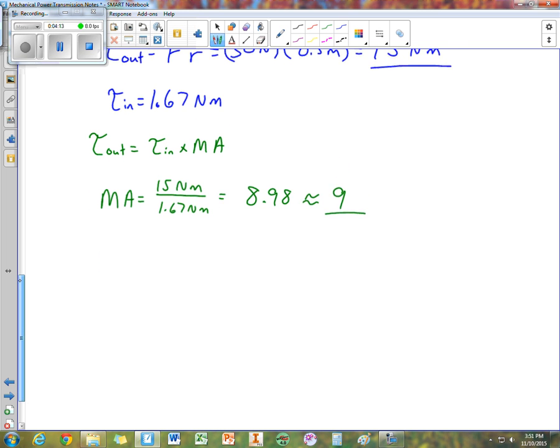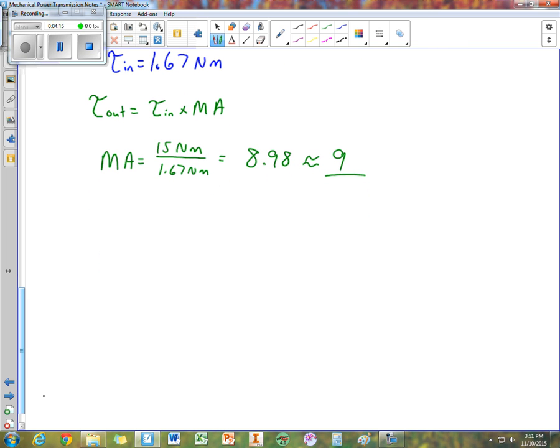In the VEX system, the largest we have for a non-compound is a 12 to 84. So we're going to need something a little more.